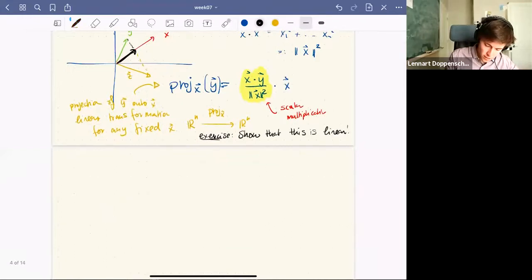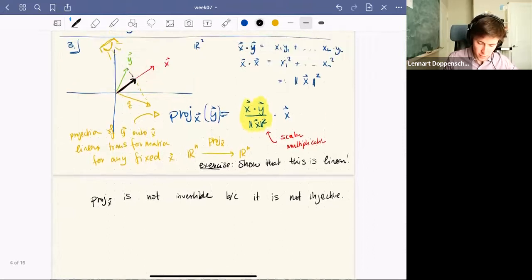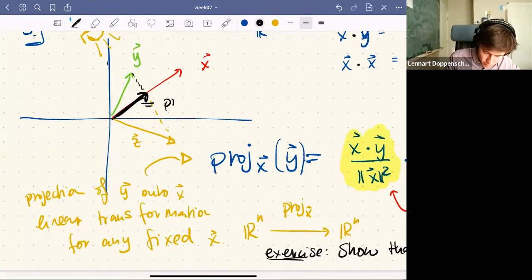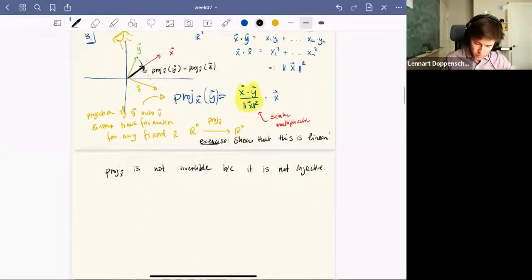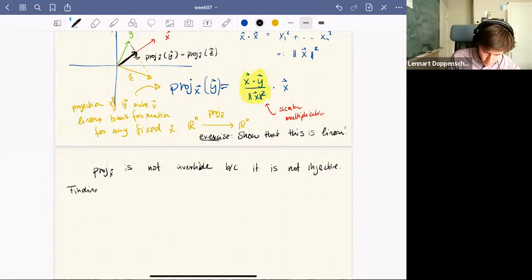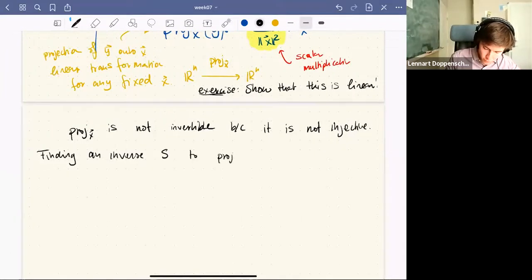The reason that projection onto x is not invertible is simply because it is not injective. If projection x of y is the projection onto x of z, then finding an inverse to projection x is not possible.